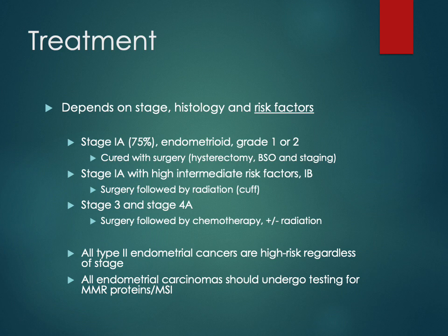And then just as we talked about genetic testing with women with ovarian cancer, endometrial carcinoma should go under testing for MMR proteins, or MSI. So this is done on the tumor, and there's a triage algorithm for women who have MMR, or mismatch repair gene expression deficits, to have testing for Lynch syndrome.